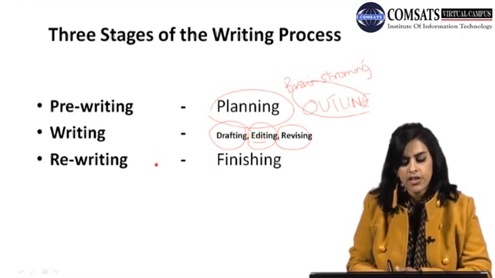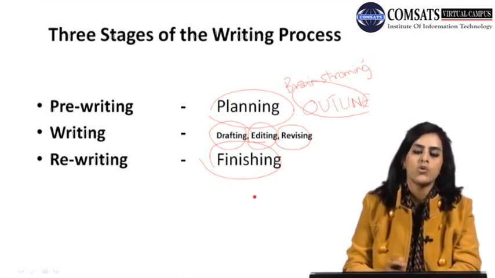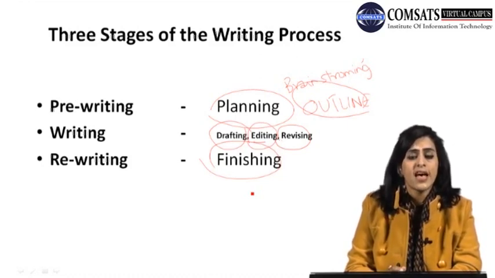Then you give it finishing touches, in which this is your rewriting stage, where you are bringing it to the conclusion by checking the grammar, punctuation and any other points that you have missed.